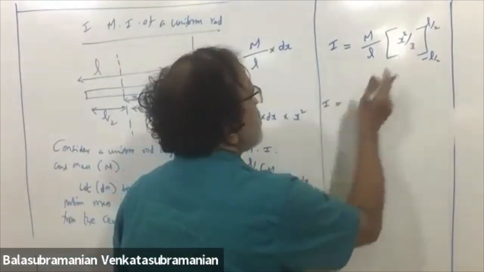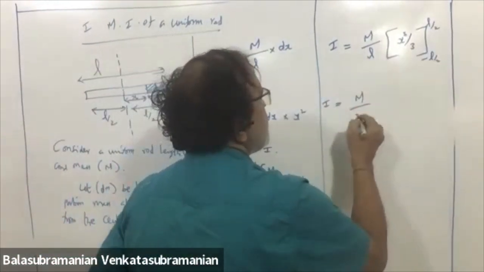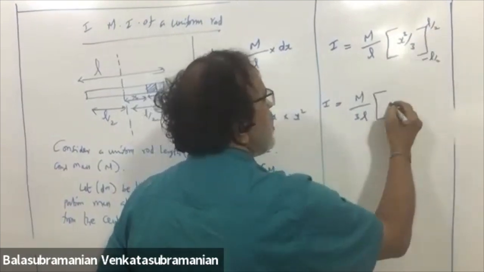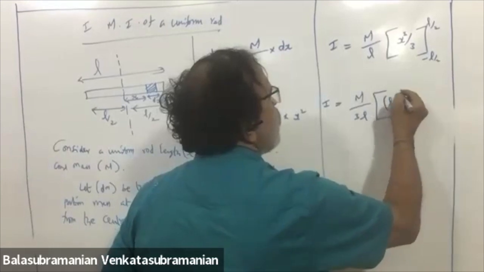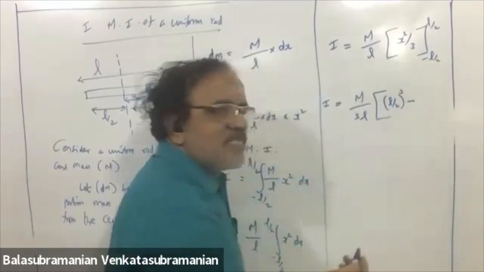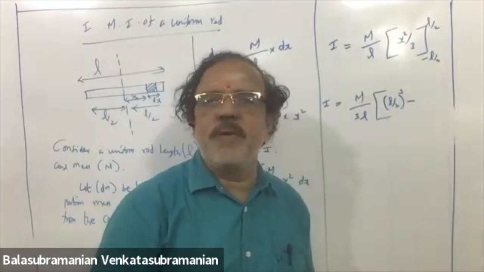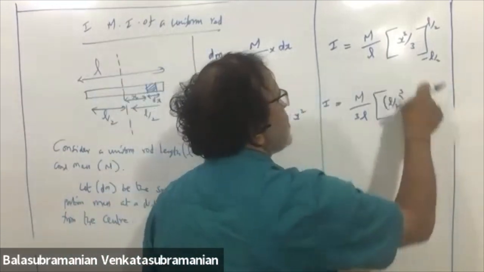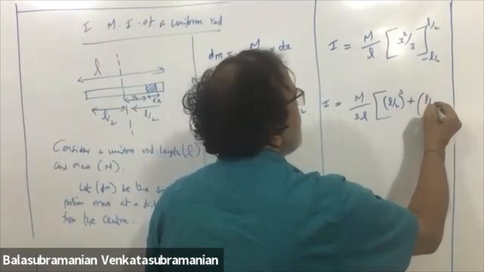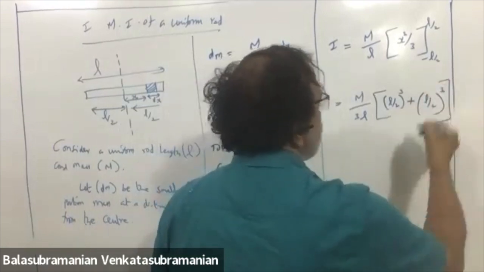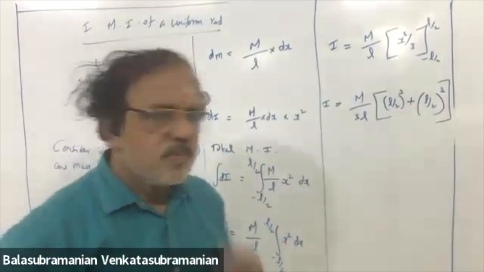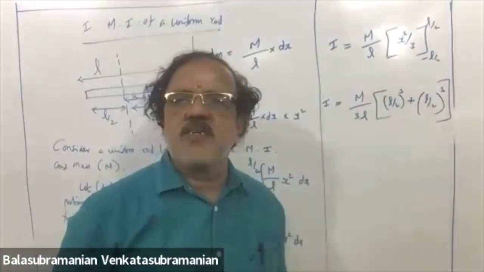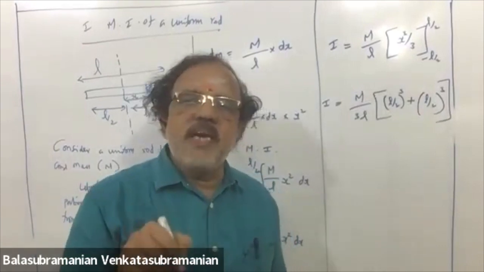So take this 3 outside, M by 3L. Instead of x, substitute upper limit, L by 2 the whole cube, minus, instead of x, substitute the lower limit, minus L by 2. So minus of minus, plus L by 2 the whole cube. L cube by 8 plus L cube by 8, 2L cube by 8.